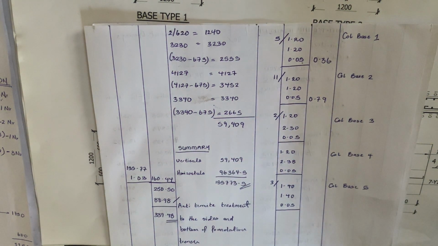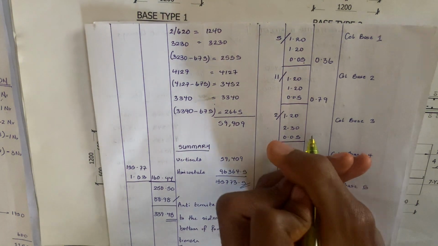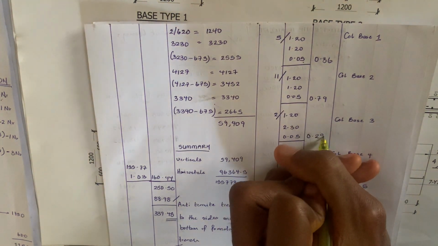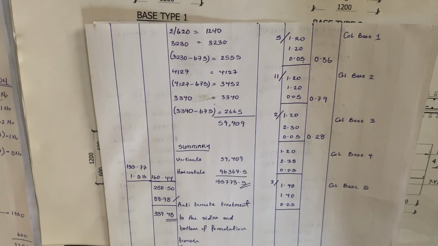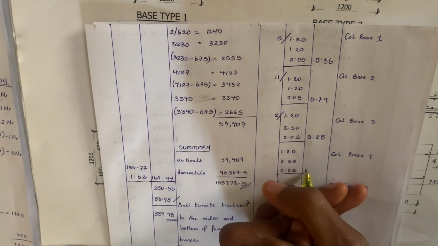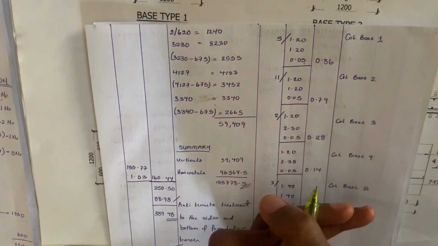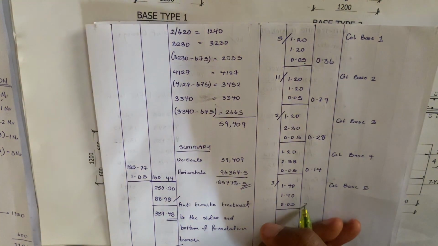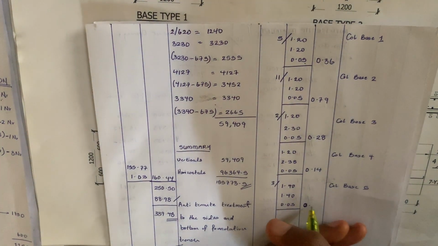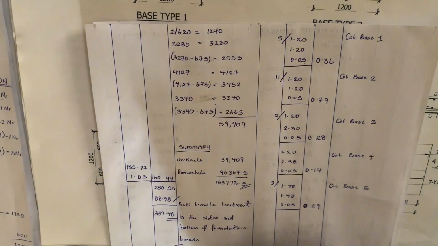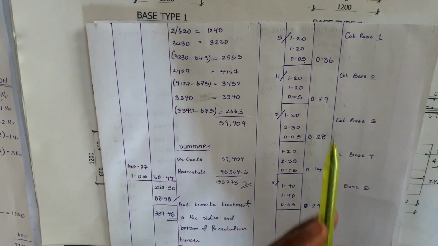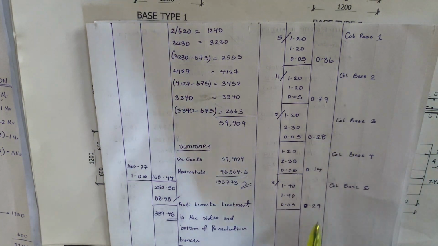For column base 3, this is 0.276. For column base 4, 0.14. And for column base 5, this is 0.29.